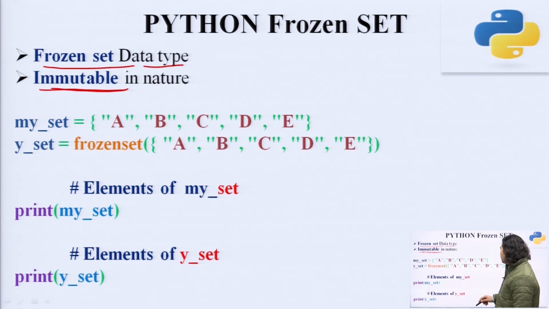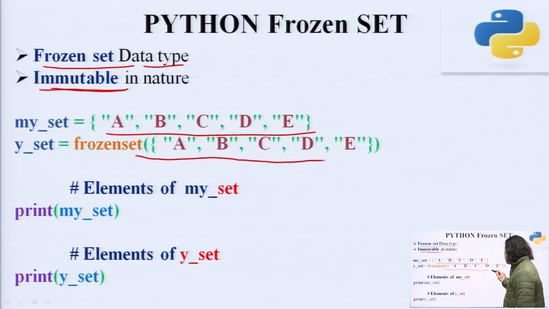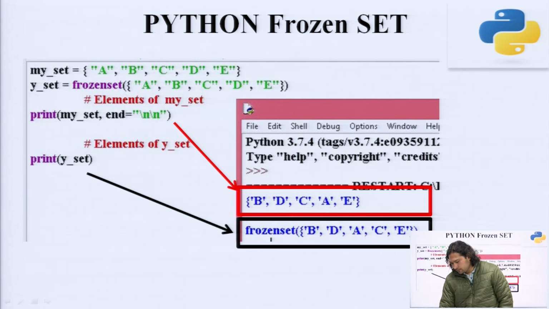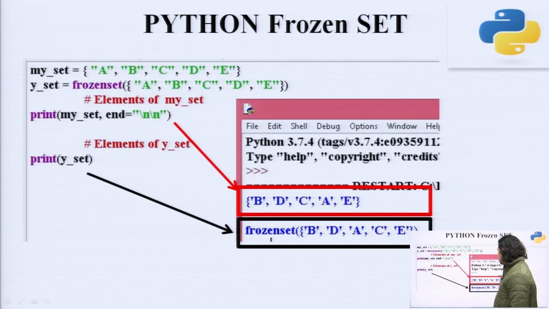Now, look at the program related to the frozen set. Here we have created a set and we are trying to define a frozen set for the same data. Now, look at this one. In the output you can see we are defining B, D, C, A and E. These 5 elements are the set data type because the order is totally different. But what about the frozen set?